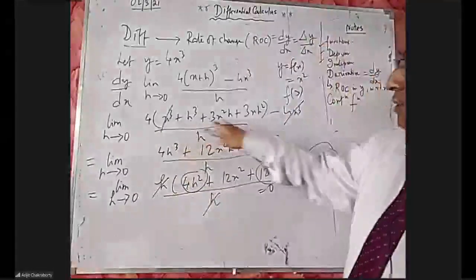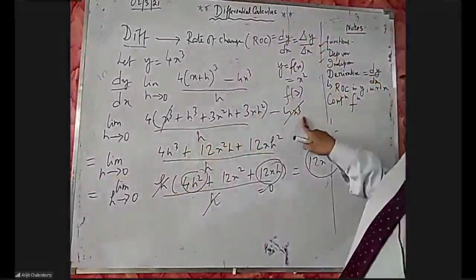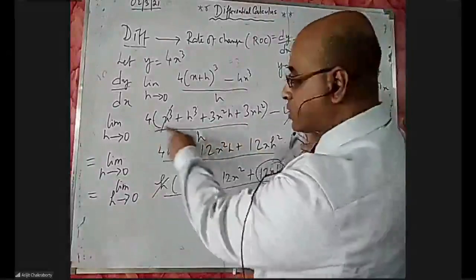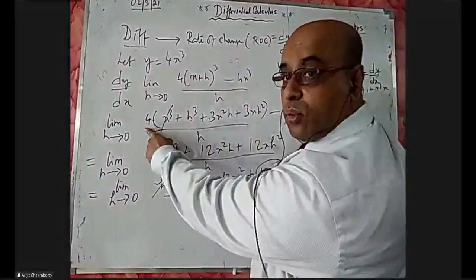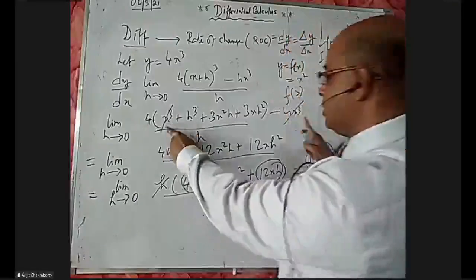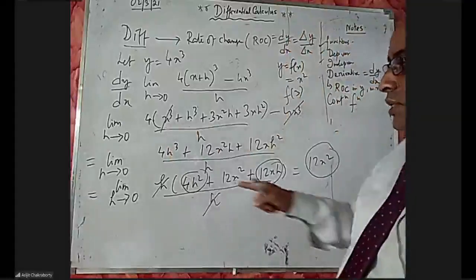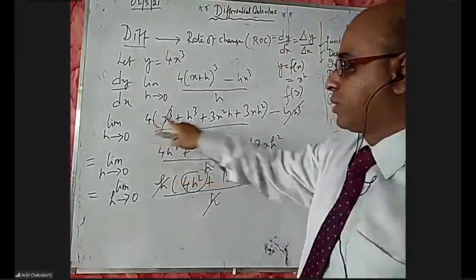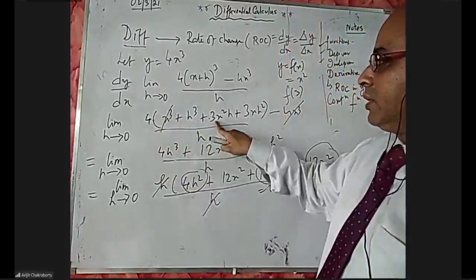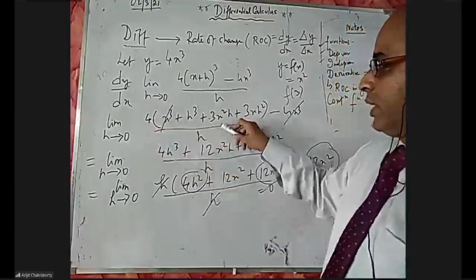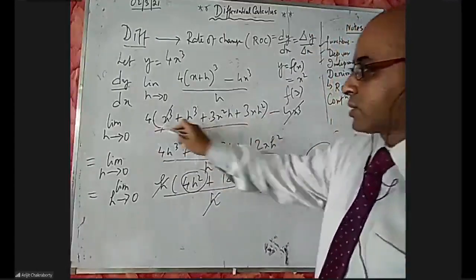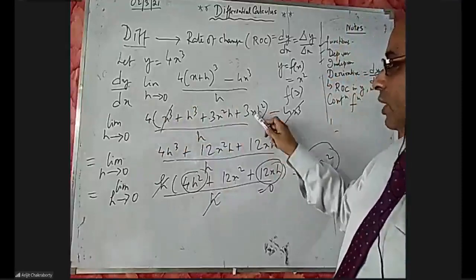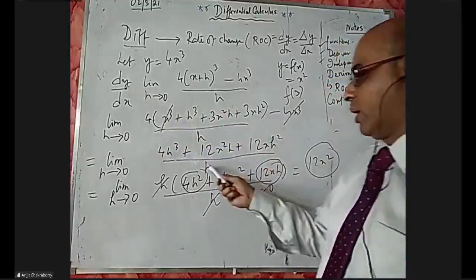I have just written the formula minus 4x cubed, but now this expression is multiplied by 4. So I get 4x cube here. This 4x cube cancels with this 4x cube. And what we get is 4 into h cube, 3 into 4, 12, x square h, plus 4 into 3, 12, xh square by h.